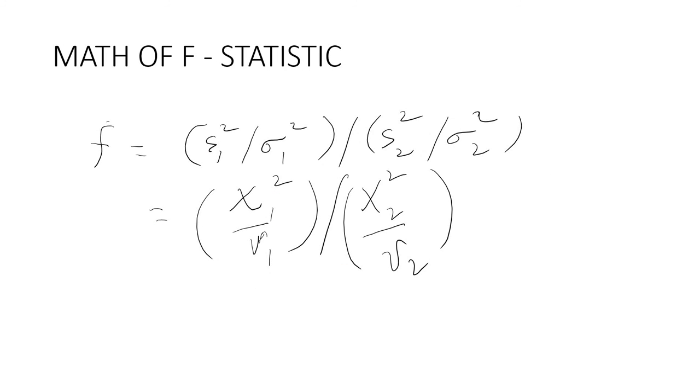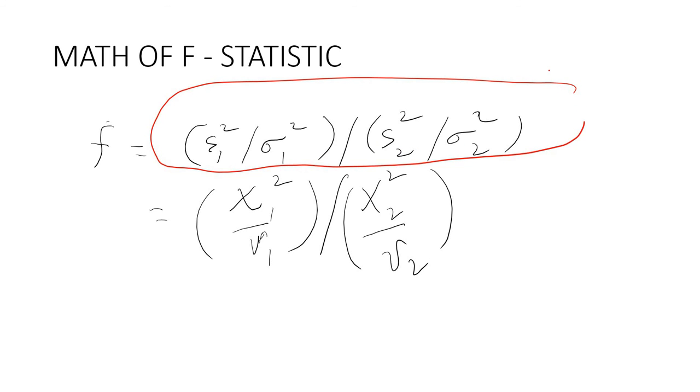Then this F-statistic can be written as S1 square by sigma 1 square, the whole divided by S2 square by sigma 2 square. This is the equation for F for two populations.